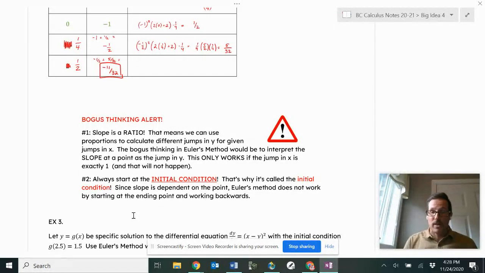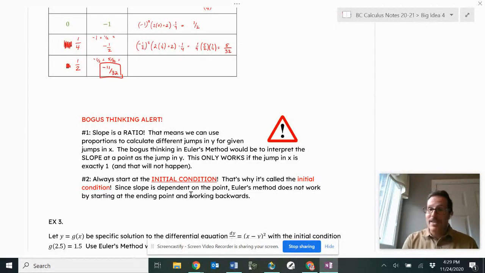Another thing you could think bogusly is if you have to work a problem backwards, which might be coming your way. Oh, it will for sure. You have to start at the initial condition. That's why it's called the initial condition. Initial, that's where it starts, right?